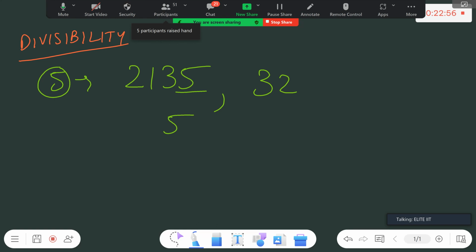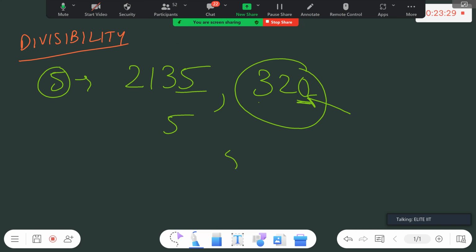If we take this number 320, is it divisible by 5? Yes, because the last digit is 0. So remember, the last digit should be either 0 or 5, then the entire number will be divisible by 5.